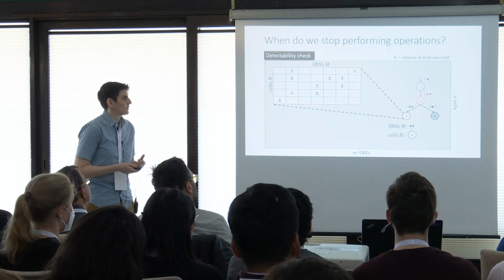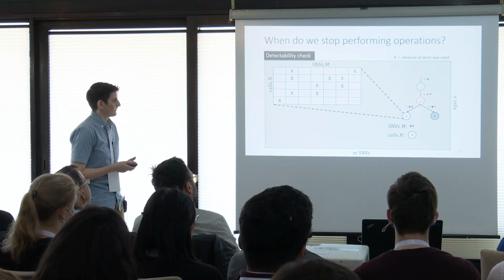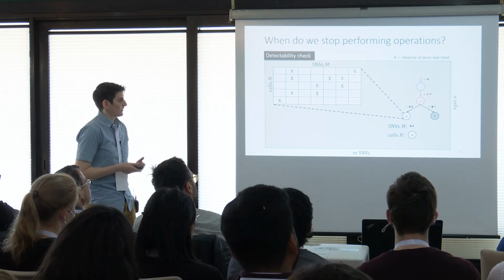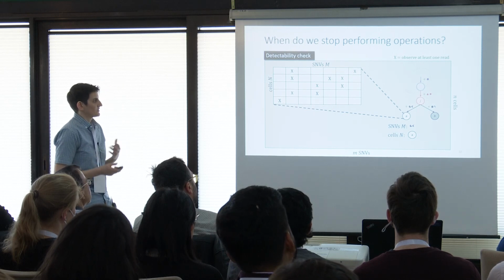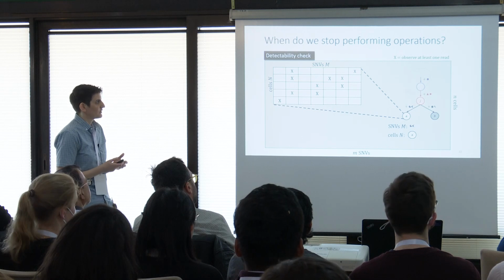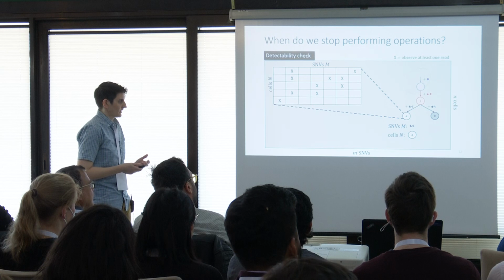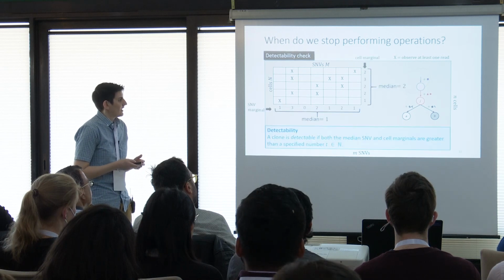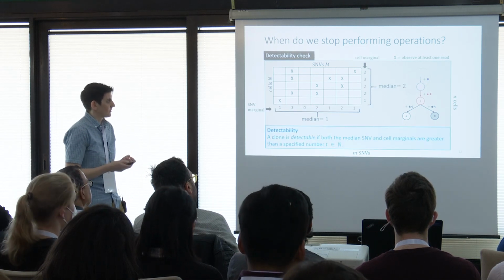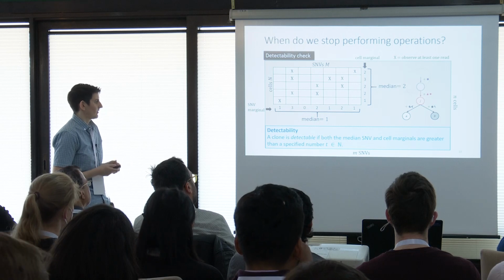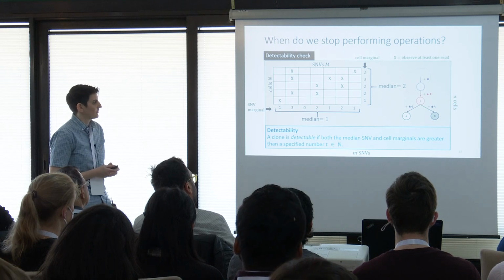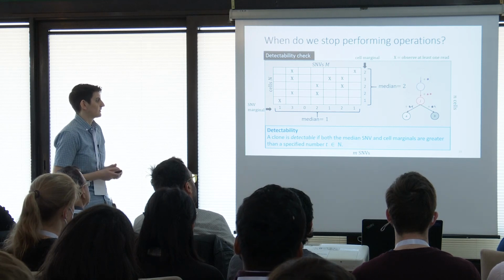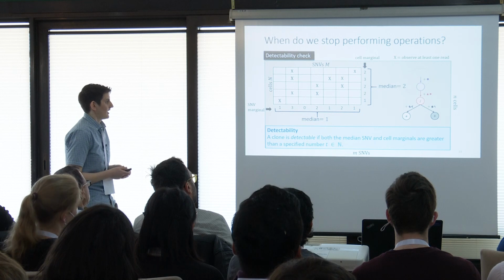That gets into the issue of detectability that I mentioned earlier. We can think of a clone as a subset of cells and SNVs. We go into our data matrix, and for each cell and SNV, we mark the places where we observe at least one variant read. Then we sum up these rows and columns, and we call these the cell and SNV marginals. We say a clone is detectable if both the median SNV and cell marginals are greater than a user-specified number t.